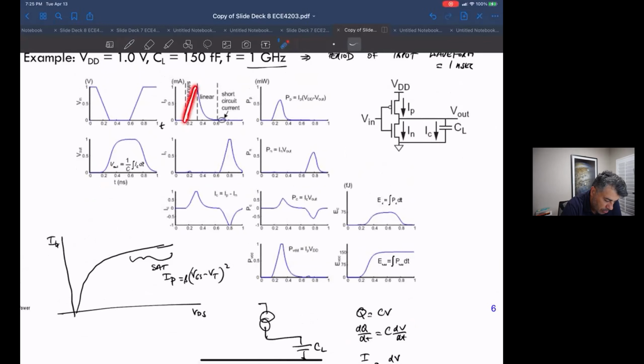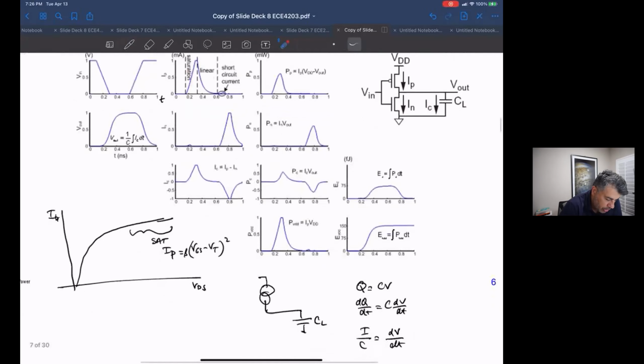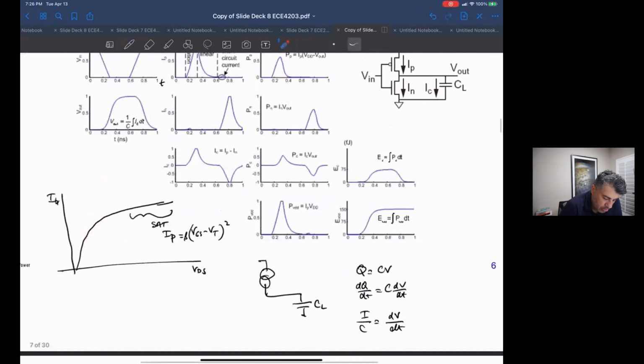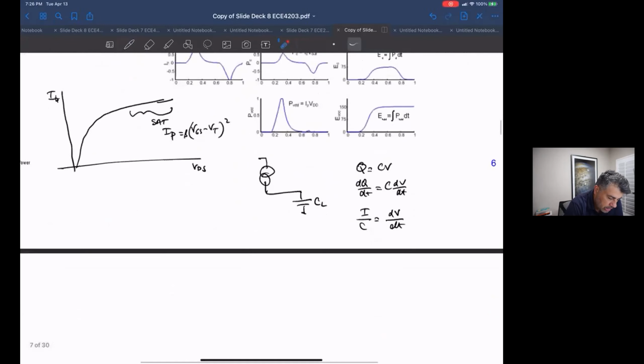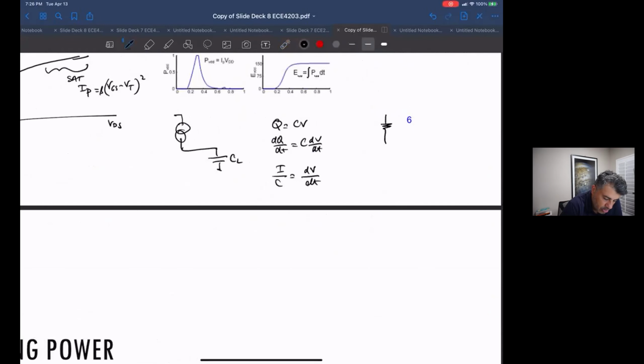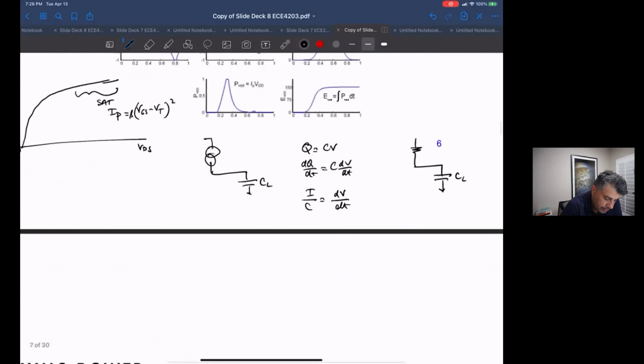It goes up, up, up, and then it gets to a certain value and stays constant for a while up here. Then at some point your device goes into linear operation. Now it looks more like a resistor pulling up the output.